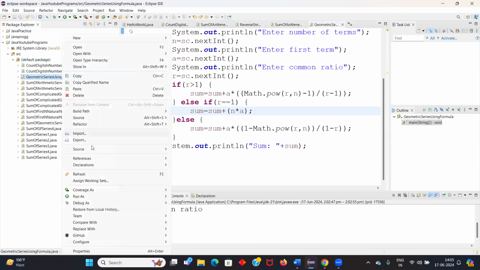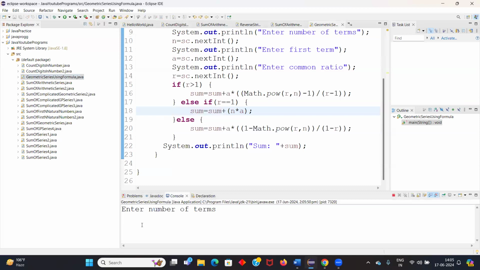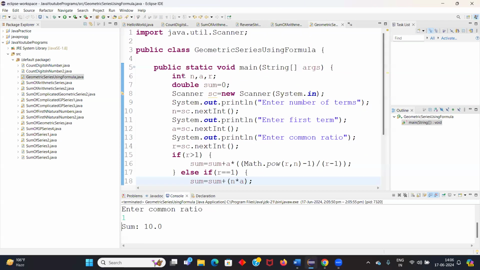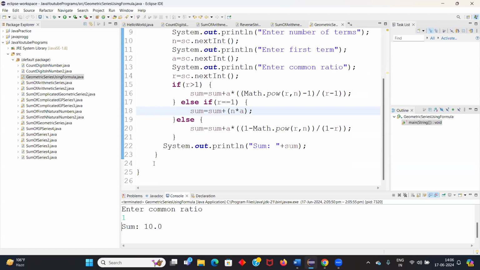So let's run it. If my number of terms are 5, my first term is 2, and my r is 1, then I will get the value as 10.0. So I hope you understood this program, and you can see that it is showing a warning: sc is never closed. So you can close your sc at the end, inside your main, to remove this warning.